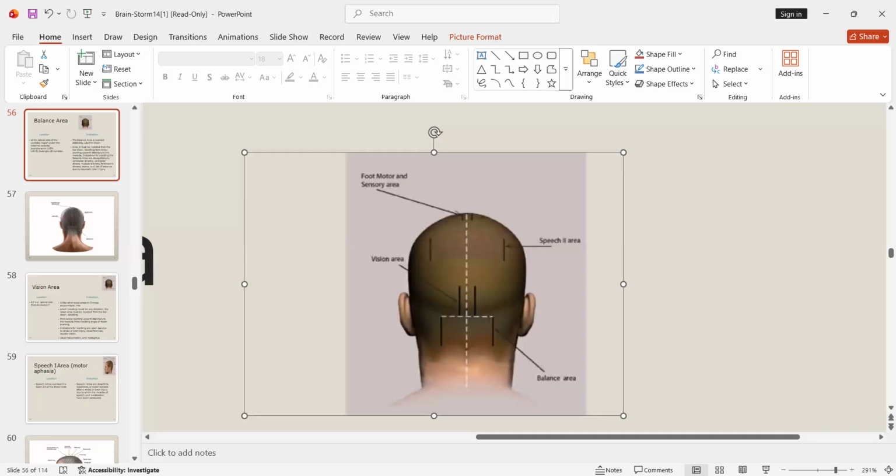Sir, please say it again. For hormonal imbalance, gynec problems and impotence, when you are using these points, use bilateral foot motor sensory area, bilateral balance area, and motor and sensory area, then reproductive area, bilateral.